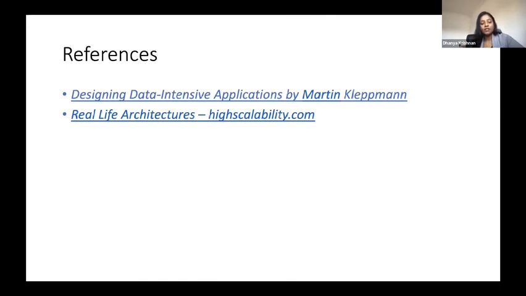And also, if you're interested to know about real life architecture, for example, what the components are, or how a scalable system like Instagram or Facebook or even Google search is built, you can refer to highscalability.com. You will get a lot of information on real life architectures there, so that it will help you understand how to design your own systems.